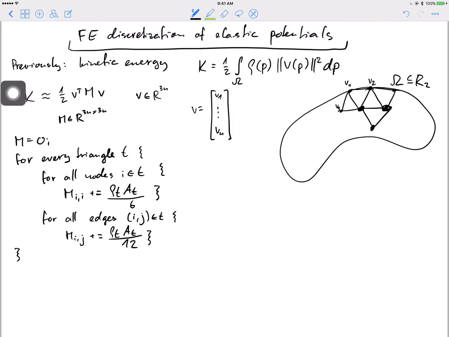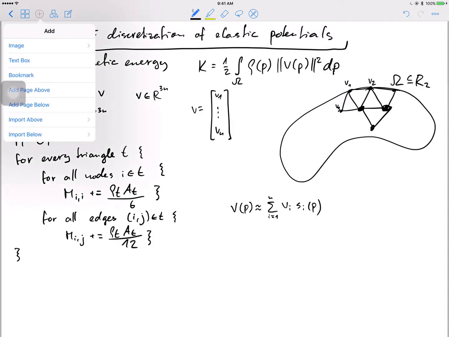Just to remind you, the linear interpolation of the velocity meant that we write the approximation using a sum over all of the nodes, from 1 to n, of the samples of velocities, the Vi's, times the shape functions. Do you remember how the shape functions look?